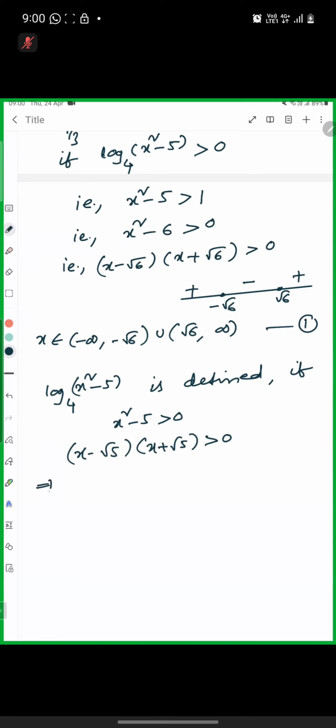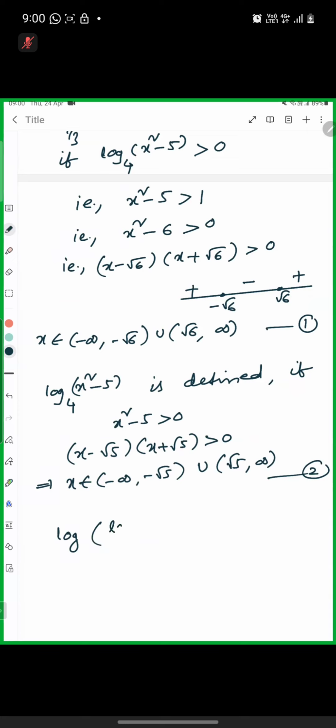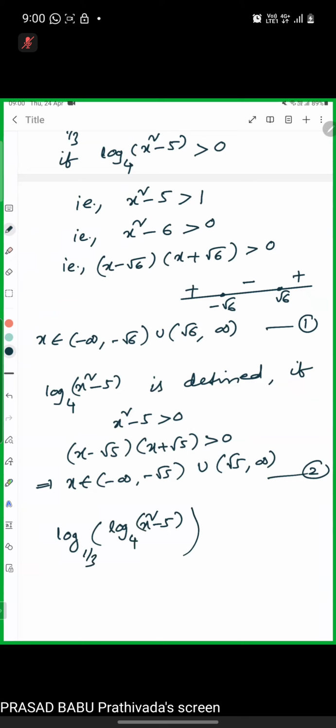That gives x belongs to minus infinity to minus root 5 union root 5 to infinity. Take it as 2. Now solve the inequality and get x values; that will give the third equation. From 1 to 3, you have to find the common values. What is the equation given actually? Log of log of x square minus 5 to the base 4 to the base 1 by 3 greater than 0.